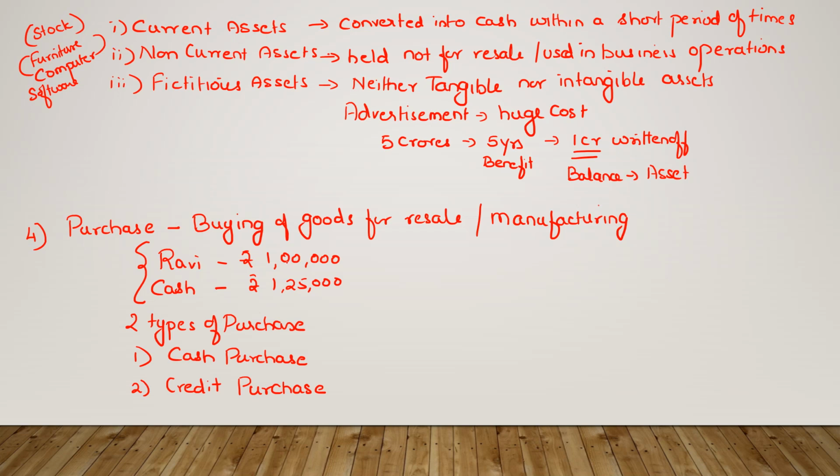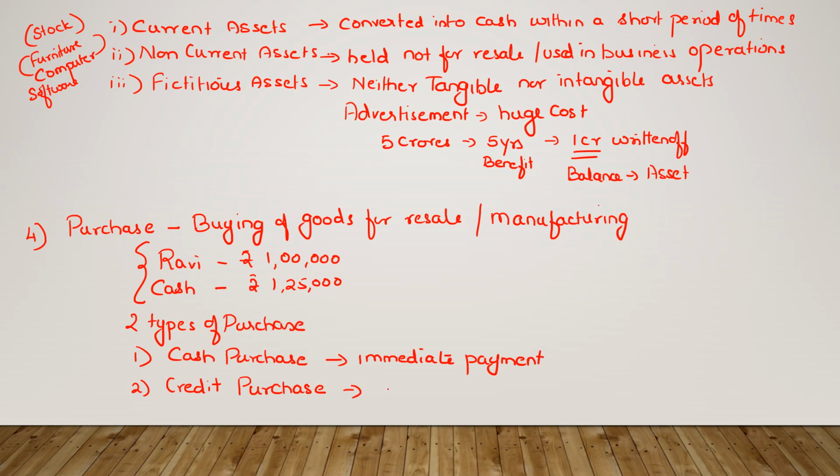There you don't find any detail about how she paid, whether by cash or by check, nothing. So we understand that she has not paid anything immediately. So that amounts to credit purchase. Credit purchase is when goods are received from Ravi into the showroom by Smitha, but she is going to make the payment at a later date. So here in case of cash purchase, there is an immediate payment made.